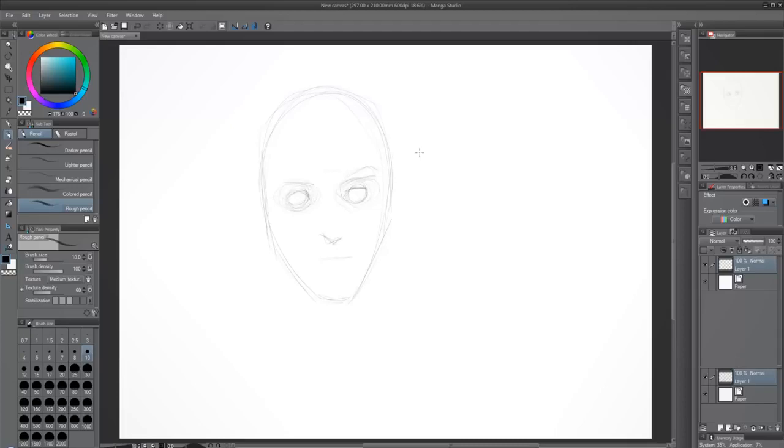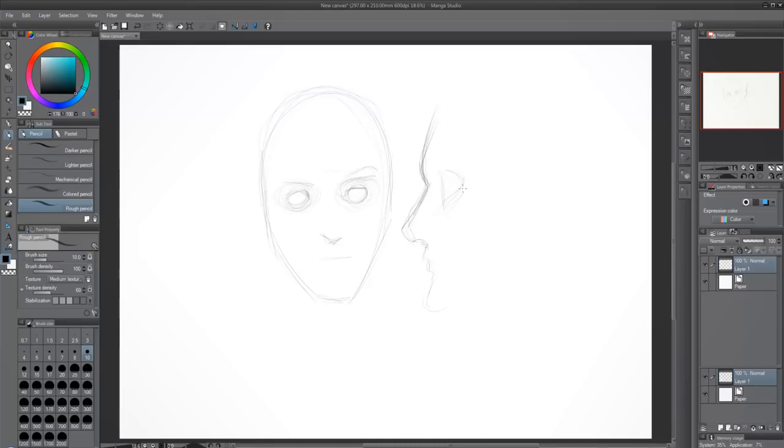So from a side view, let's say this is the forehead, and then the nose comes down like that. Then you have the mouth. Chin. If we get the eye socket in, and even in side view, I recommend getting the eye socket in, because when you get the eye socket in, what you're thinking of is actually the structure.